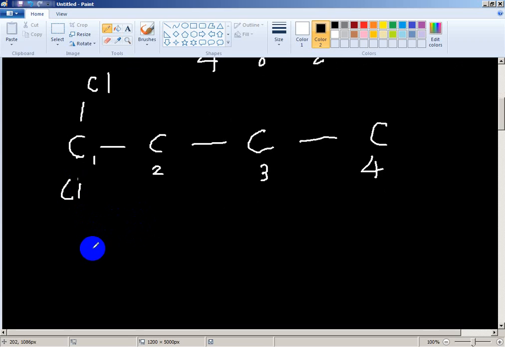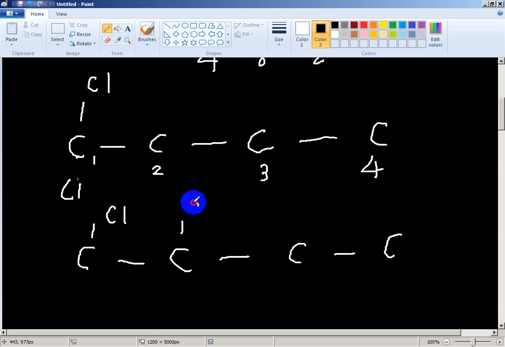Then what will be next? Then this 4 carbon chain. Now I am giving chlorine at positions 1 and 2. This is one isomer.